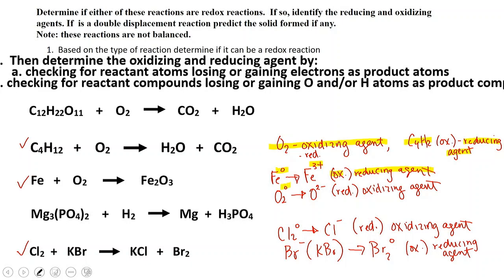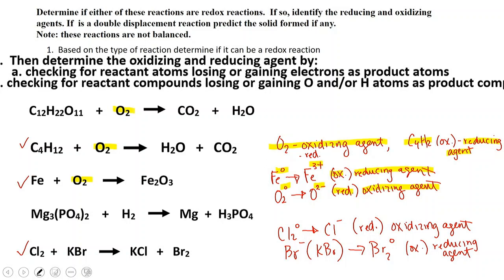Oxygen goes from a 0 to a -2 charge, meaning that it gains electrons, it's reduced, so that makes it the oxidizing agent. Notice that in a reaction that contains oxygen, oxygen is always the oxidizing agent, and the other compound is the reducing agent, because the oxygen causes the oxidation of the other compound.